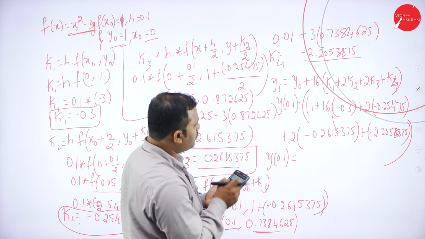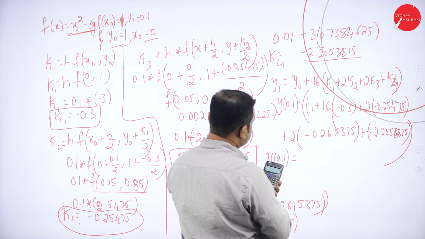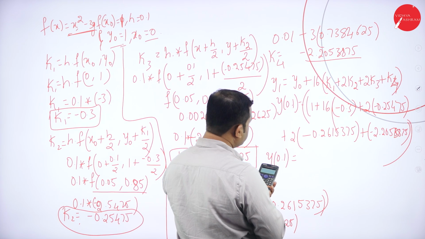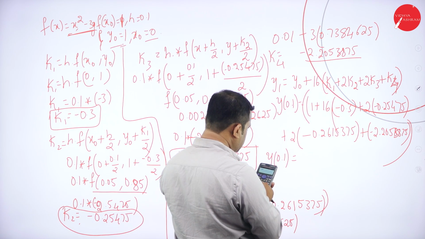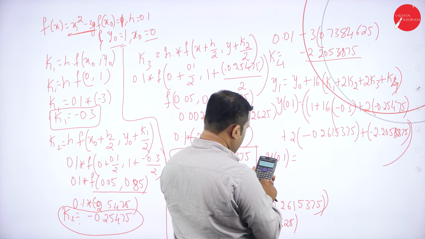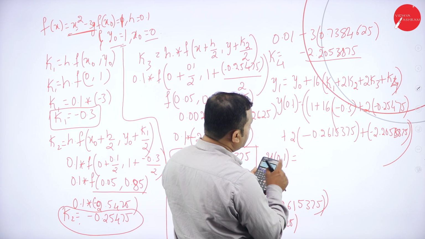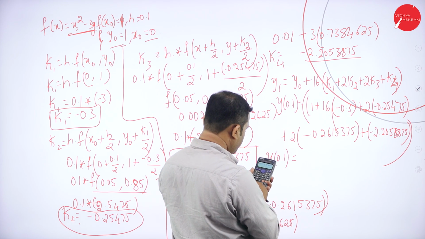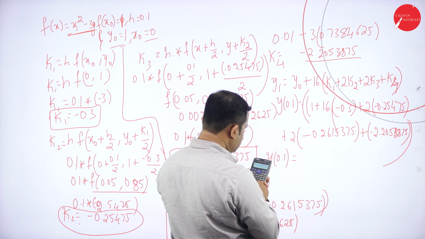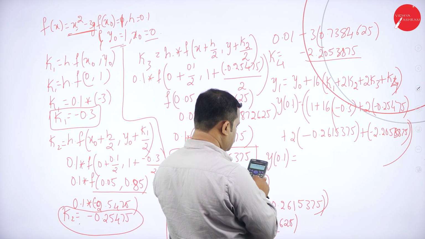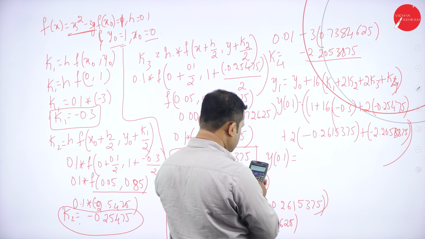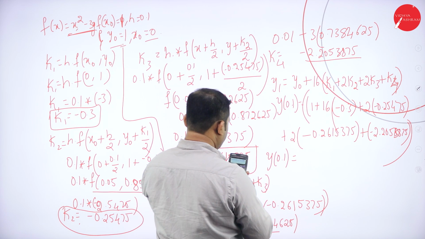Y of 0.1 is equal to the whole thing: 1 plus 1/6 times minus 0.3 plus 2 times minus 0.25475 plus 2 times minus 0.2615375 plus minus 2.2053875.